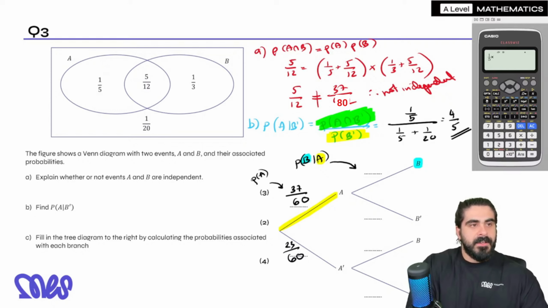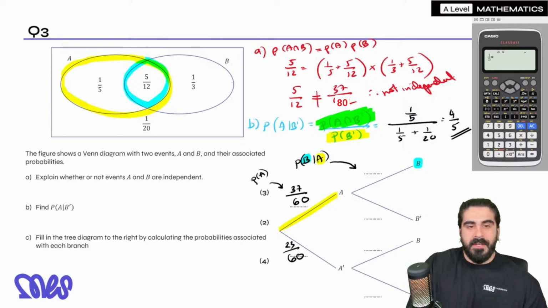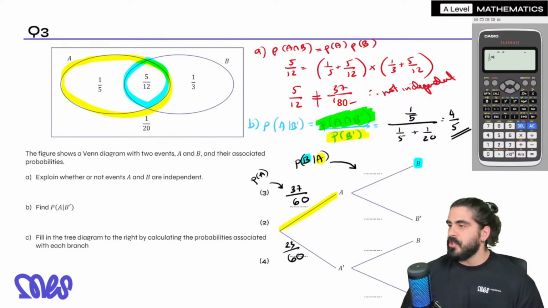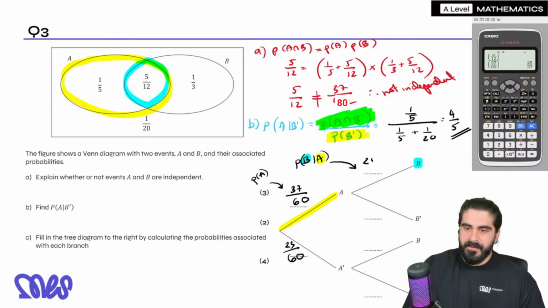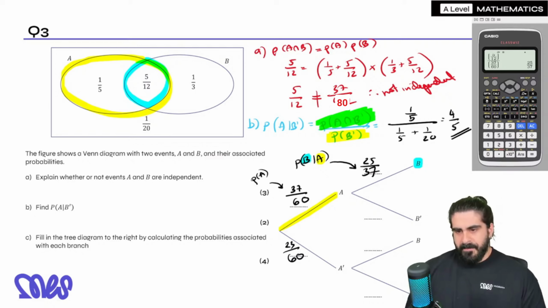So B given A is saying, given A, given we're restricting our probabilities to this, what's the probability of B? Well, the probability of B will be 5/12. Yeah, so it's 5/12 divided by the probability of A. Yeah, you can obviously do the formulas and all that stuff, but you can kind of think of the idea as well. 25/37. And then this one will then be 12/37.